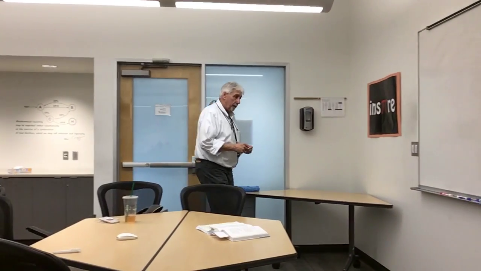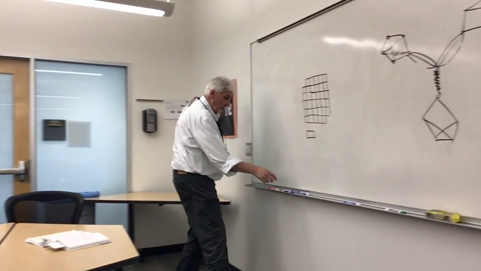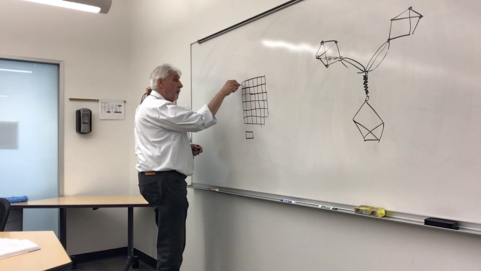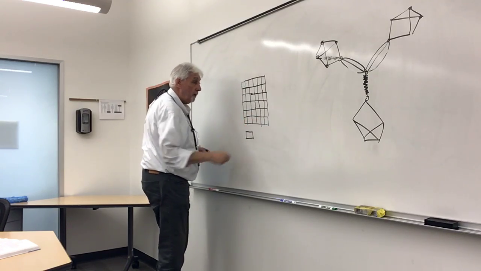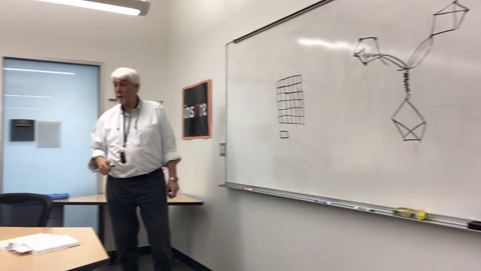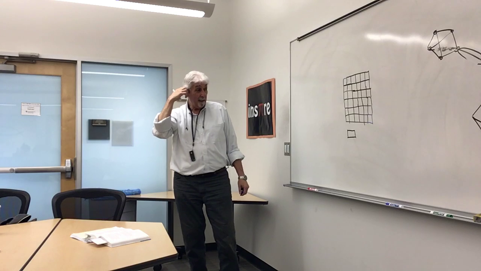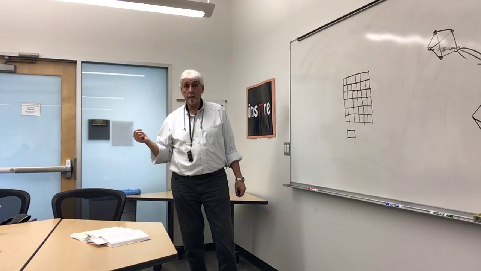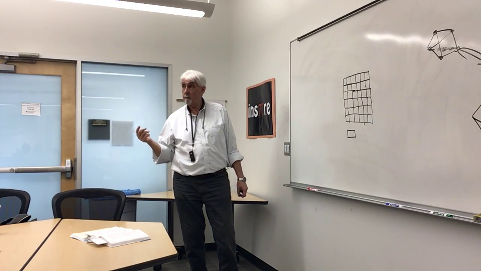Okay, let me give you an easier problem first. Now I have 36 boxes, and I give you 18 dominoes. Can you cover all the squares? Yes. How do you know? Put every domino horizontal.